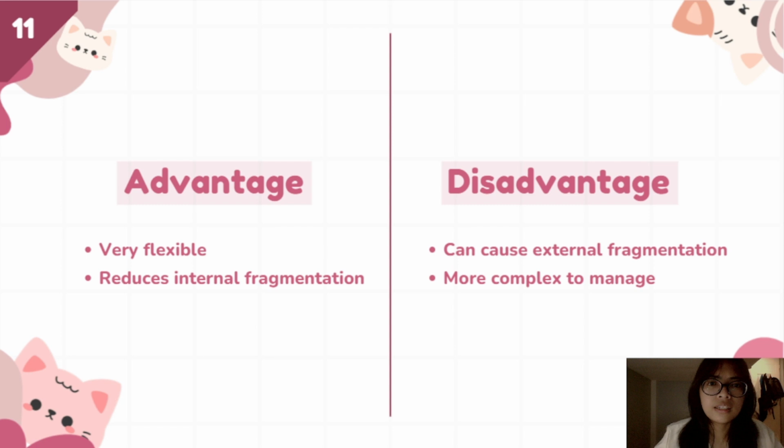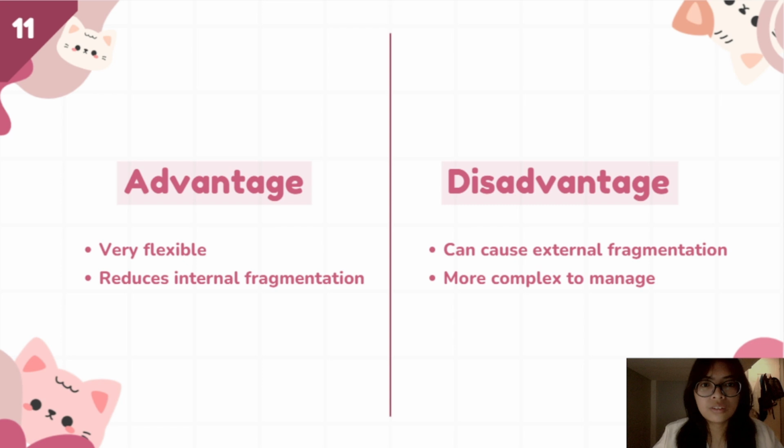So overall, dynamic partitioning gives processes the right size memory they need. It is very flexible and efficient, but it's harder to manage because it leaves external fragmentation and free spaces or holes. I hope this helps you understand how it works with its advantages and disadvantages.